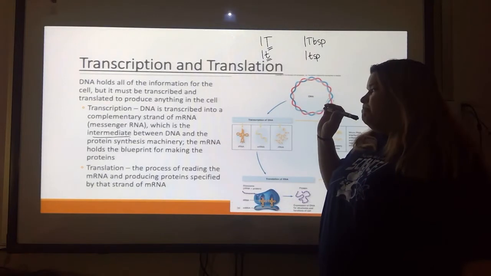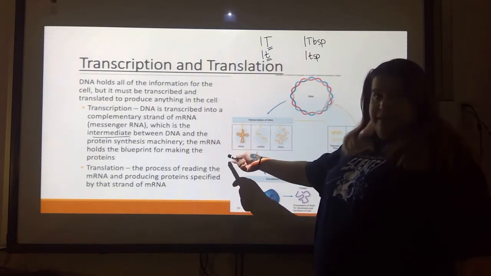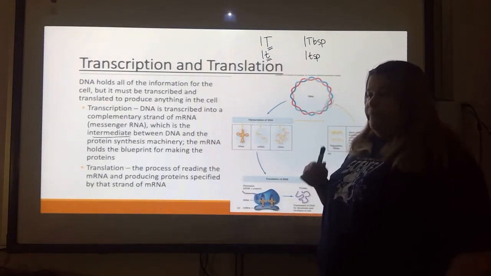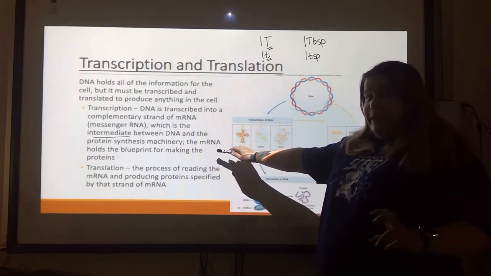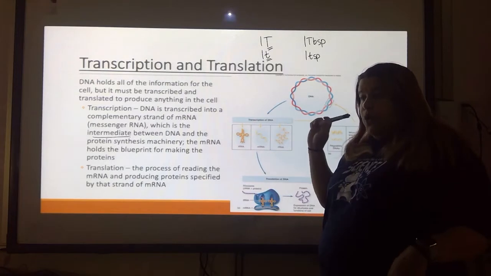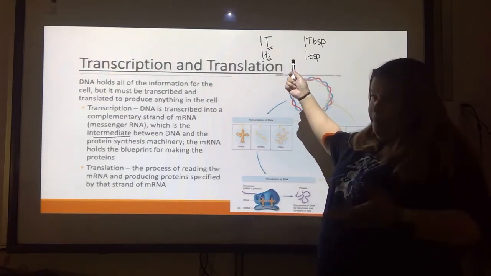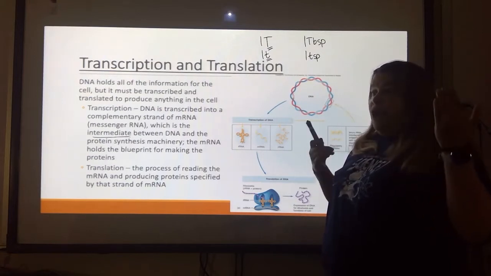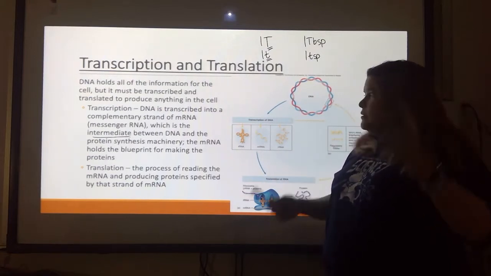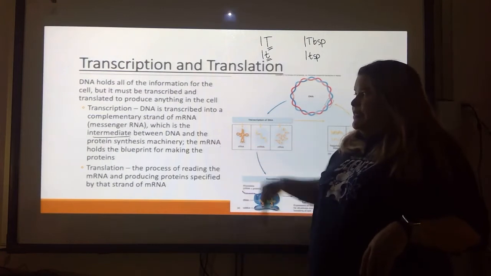The mRNA that we just had the notes for holds a blueprint for making a protein. So the recipe that I just copied from my grandmother's cookbook is an instruction manual on how to make chocolate chip cookies. This is the instruction manual.